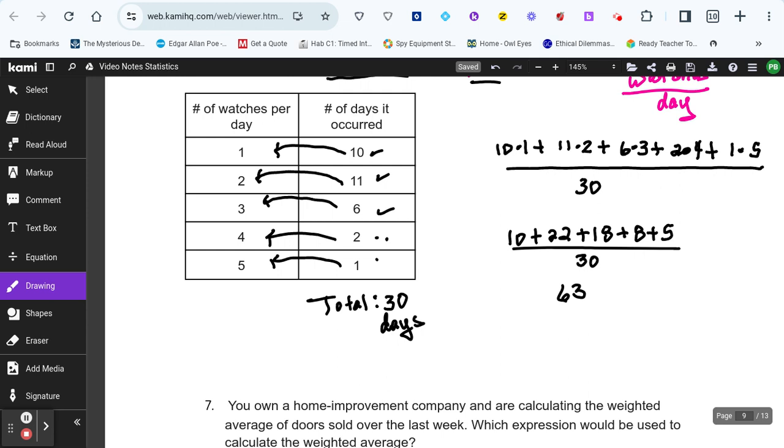Okay, make sure I counted that all right. So we got 22 plus 10 plus, I'm going to go ahead and say that's 26 plus 5, 63 divided by 30.